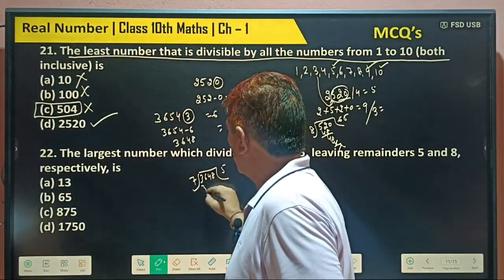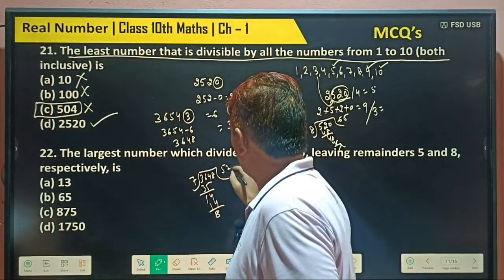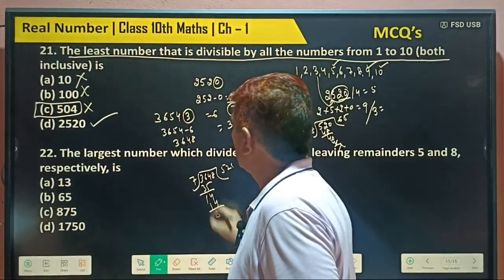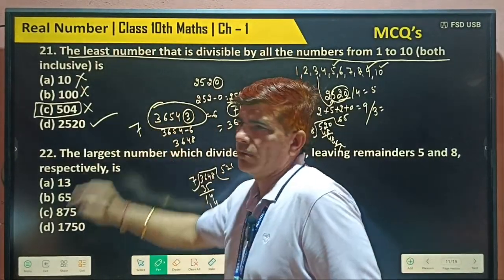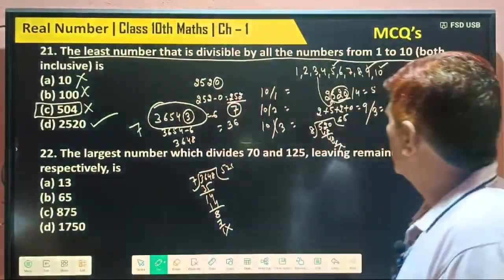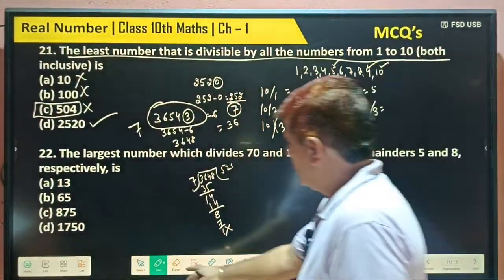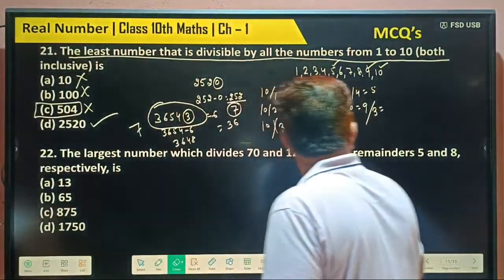It's not divisible, so this number is also not divisible by 7. This is the divisibility rule of 7, where students mainly face problems. So all of you understood, now next.